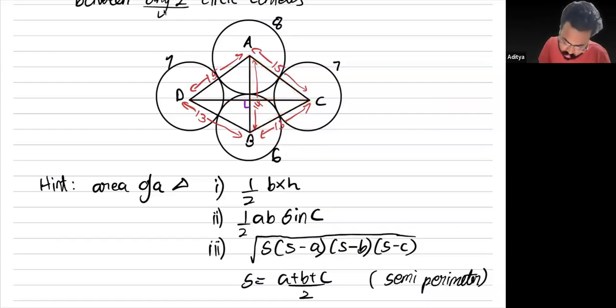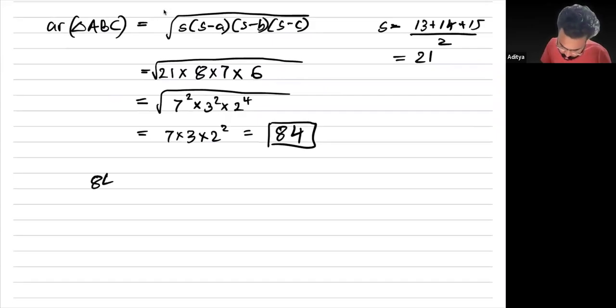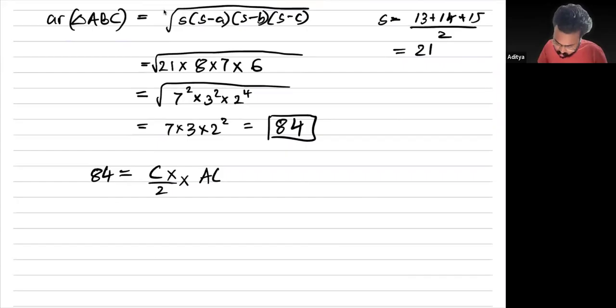We can name this point as some point X. So 84 is equal to half of CX times AB, which is half of CX times 14.